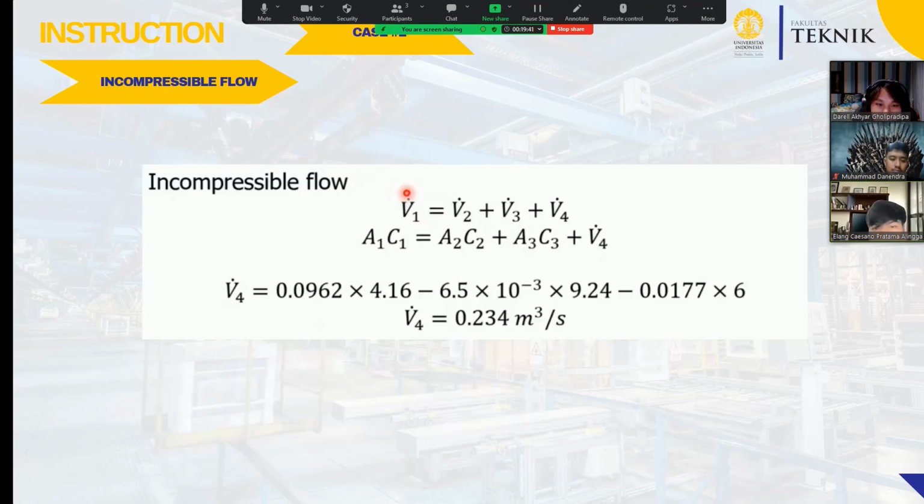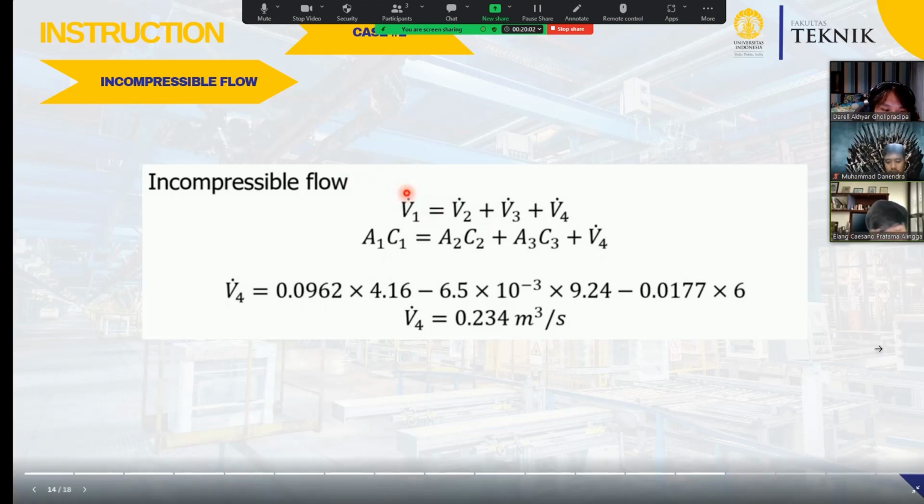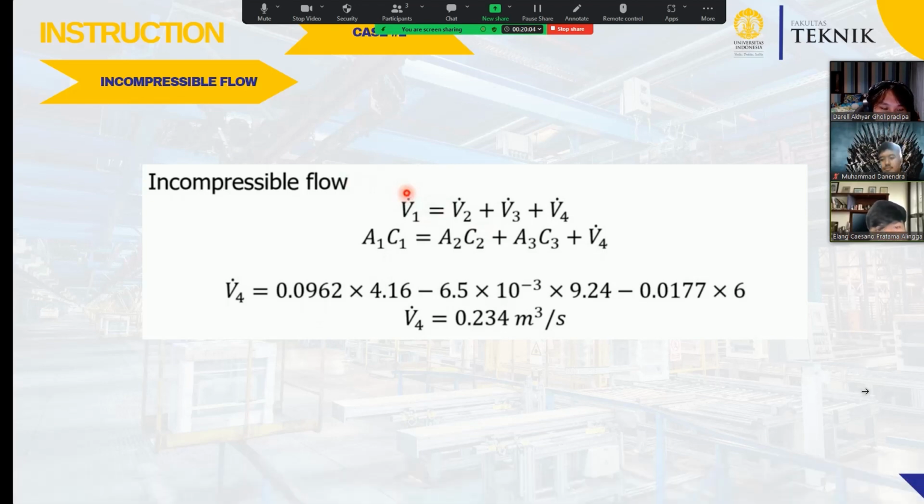Next one. For incompressible flow, the inlet equals the outlet, so flow rate 1 equals flow rate 2 plus flow rate 3 plus flow rate 4. We just use surface area times velocity for each component, and we got the flow rate of 0.234 cubic meters per second.